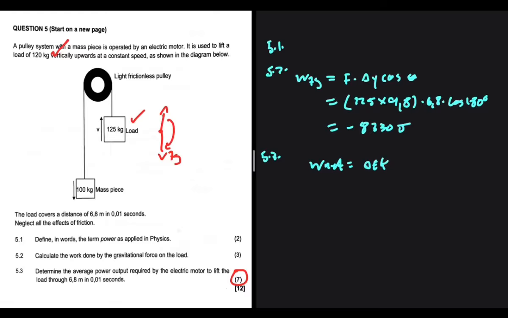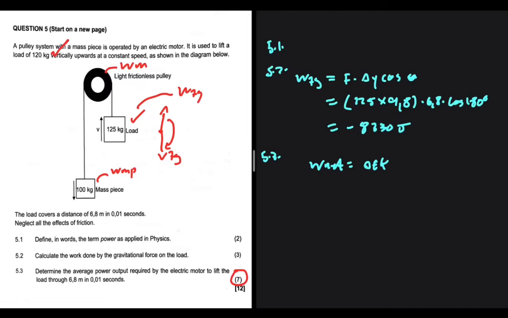If it is constant velocity, then change in EK is obviously going to be equal to 0. But let's look at the forces that are acting on the system. We have the work done by gravitational force on the load, and we have the work done by the motor. The mesh piece is doing positive work. It is going down, and there's gravitational force on it that is also going down. So the work there is positive.